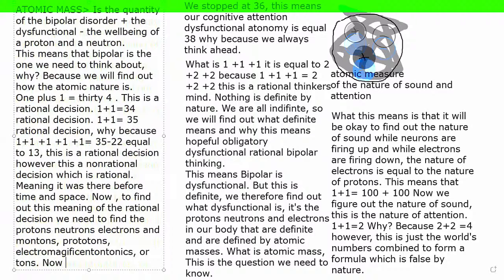Now, what is tons? It is T-O-N-S, which is equal to decision making.